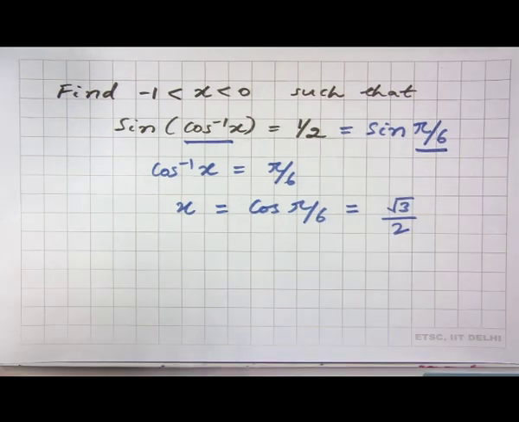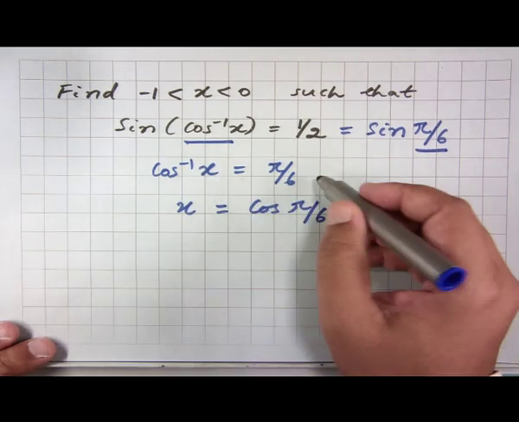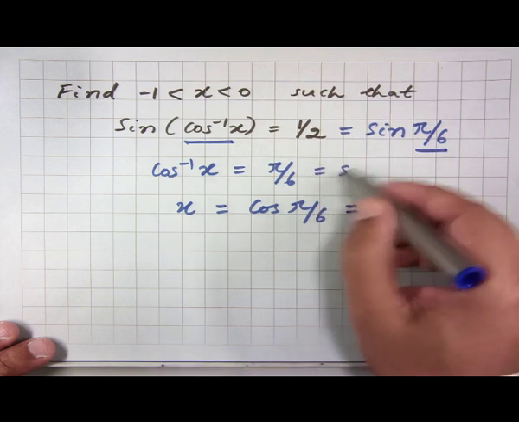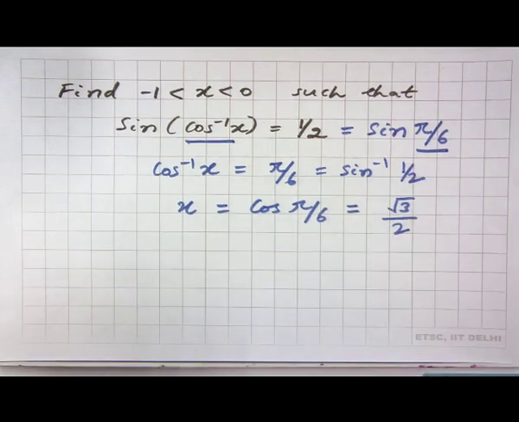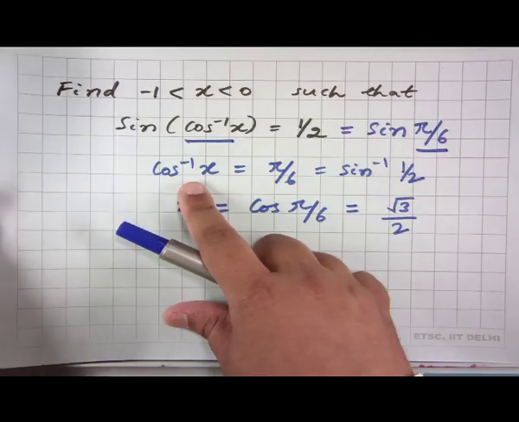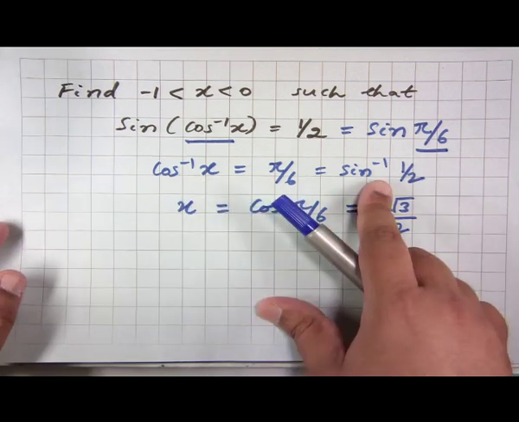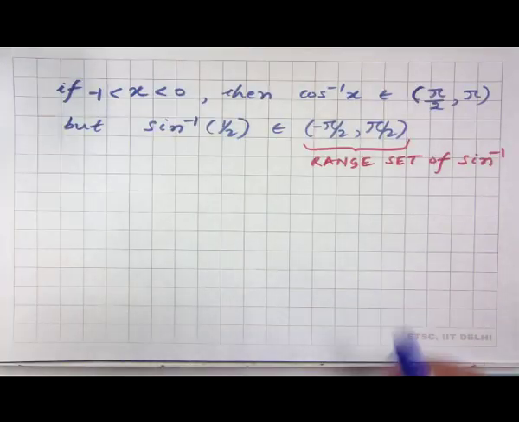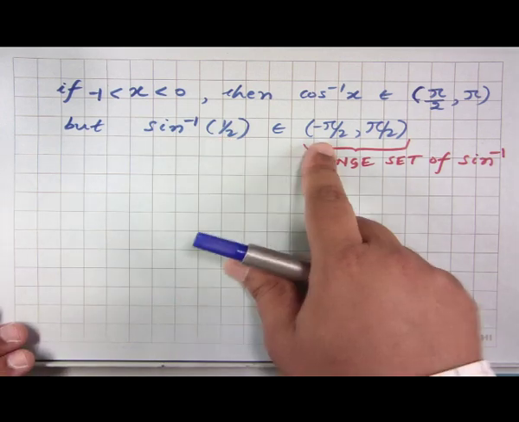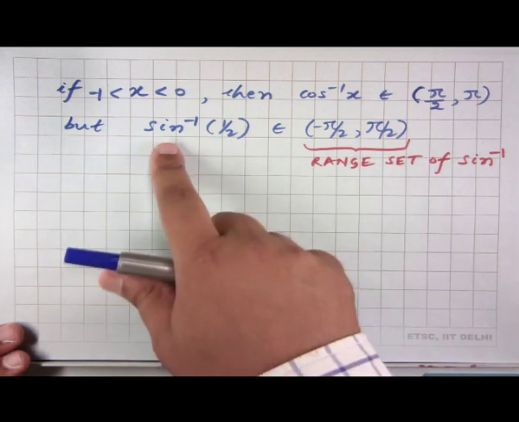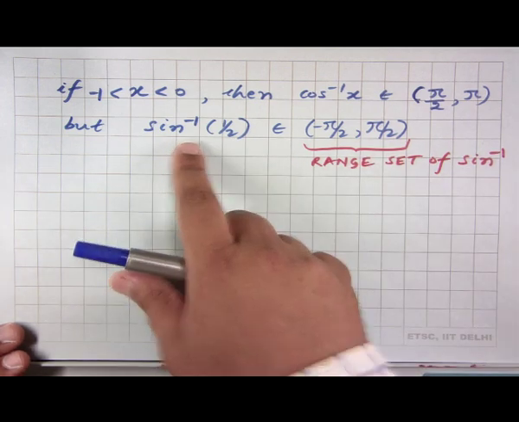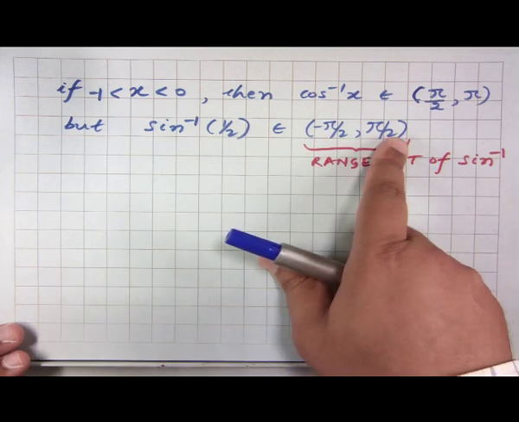The problem with equating this cos inverse x to sine inverse half is that sine inverse half will always belong to the interval minus pi by 2 to plus pi by 2, and that is because the range set of sine inverse is minus pi by 2 to plus pi by 2.